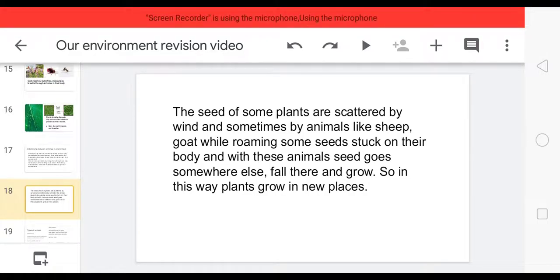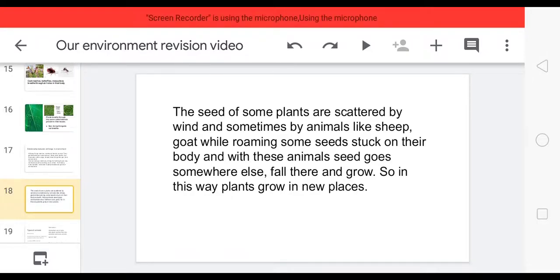The seeds of some plants are scattered by wind and sometimes by animals like sheep, goat. While roaming, some seeds stick on their body, and with these animals, the seeds go somewhere else, fall there and grow. So, in this way, plants grow in new places.